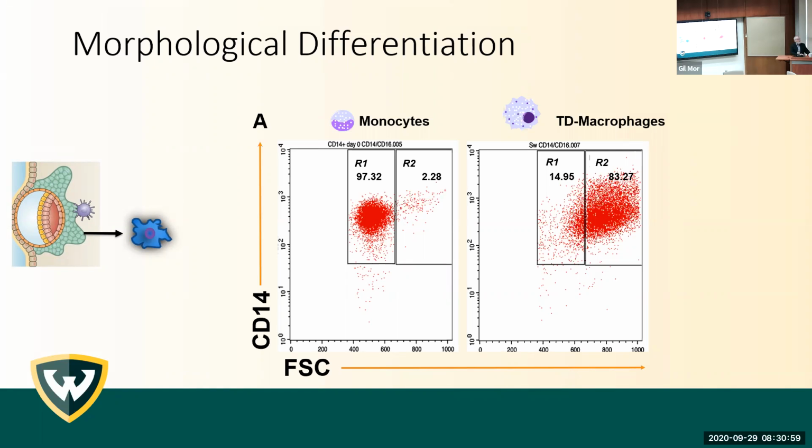They become bigger and more granular, the classical morphology of a macrophage. Interestingly, they don't lose CD14. This is unique to the decidual macrophages, because when CD14 monocytes go to other tissues, they lose CD14. That is a characteristic of macrophages, but not in the decidua, where they maintain CD14.